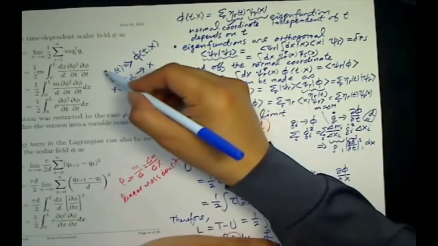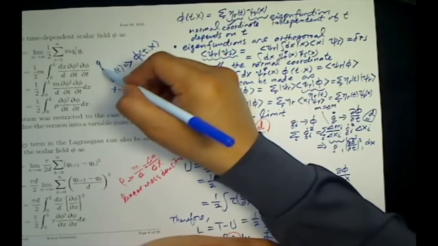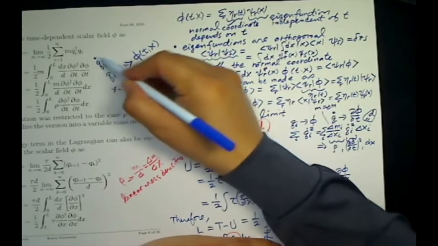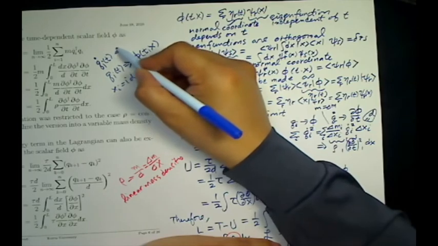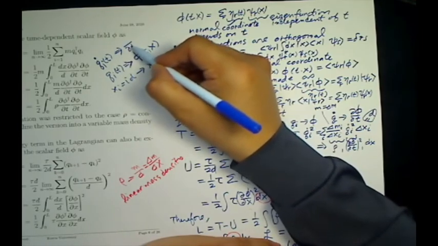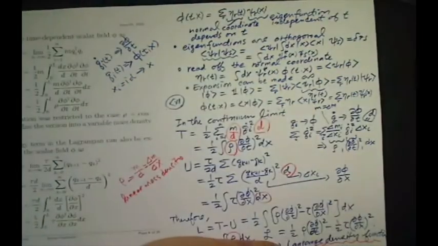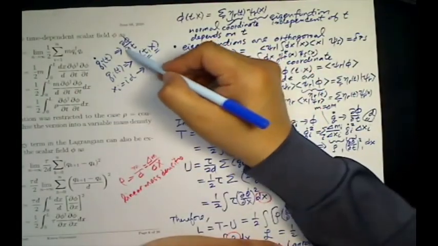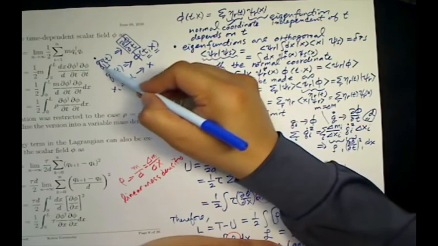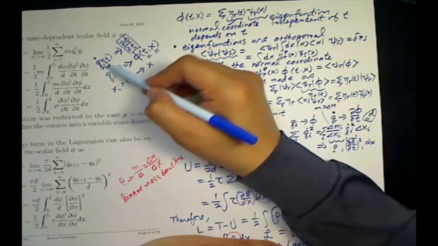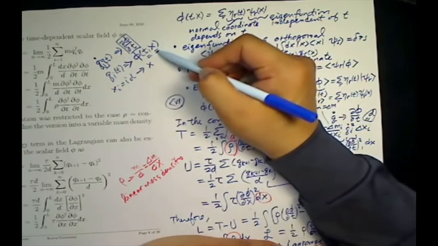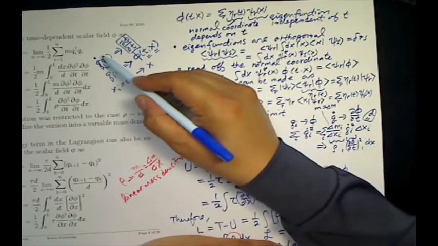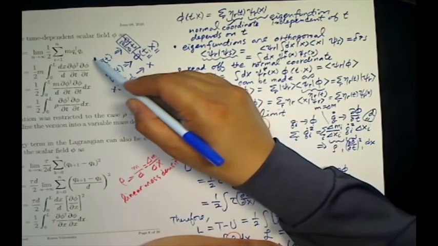Therefore, the time derivative of this coordinate will be replaced with the partial time derivative of phi. Because phi is a function of both t and x, what we want to do is just keep the position the same, and we take the derivative with respect to t only.